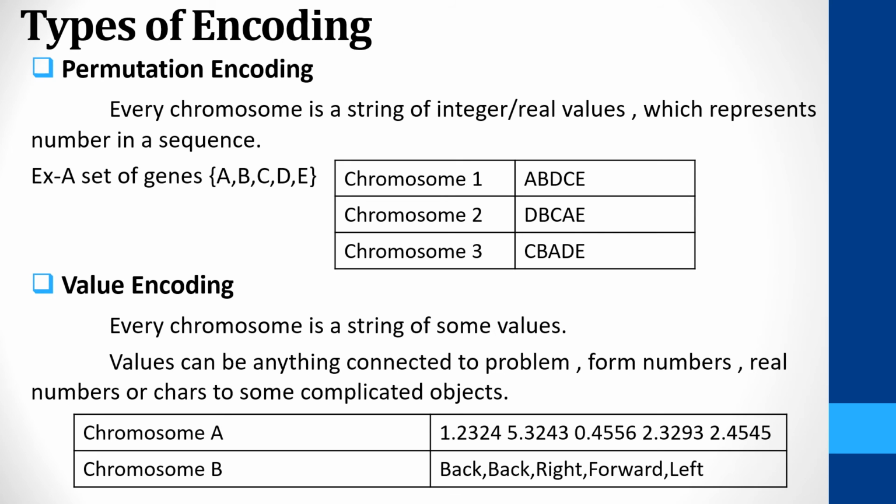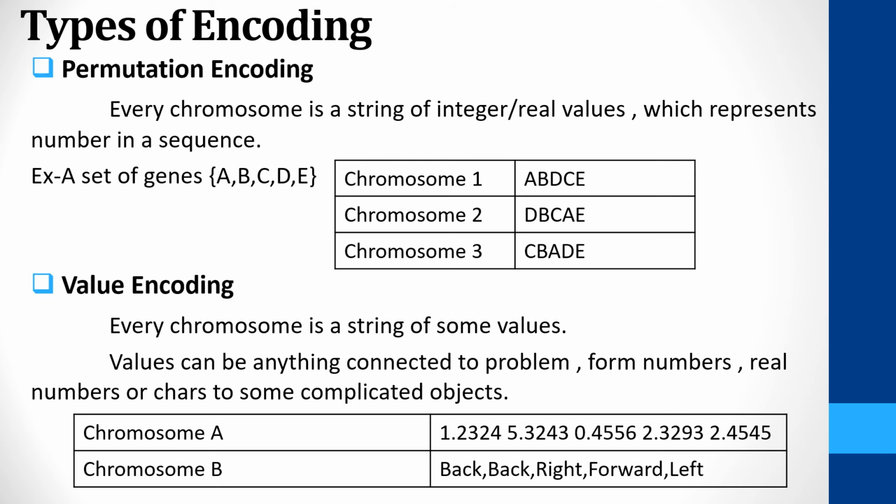The search space is the total number of possible permutations and the population is the current set of permutations. Values must not be repeated in a single chromosome. For example, given a set of genes A, B, C, D, E, some possible chromosomes are chromosome 1, ABDCE, chromosome 2, DBCAE and chromosome 3, CBADE.